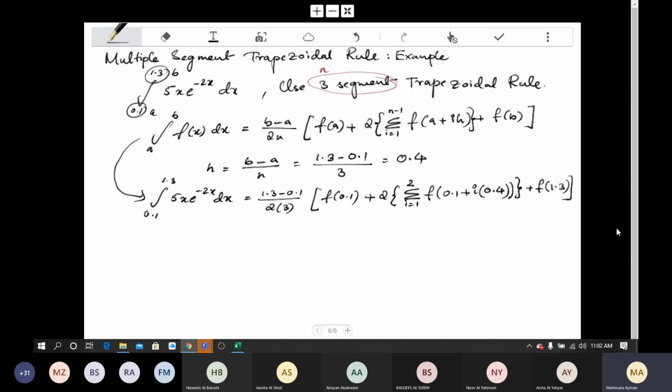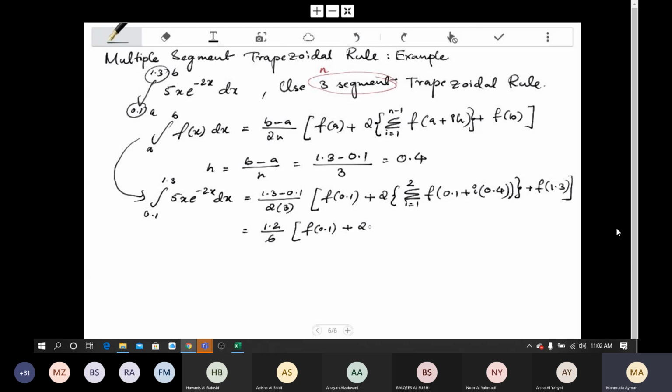Okay. Now if we go ahead and calculate this, we'll get 1.2 divided by 6, and then we have f of 0.1 plus 2 times in brackets.